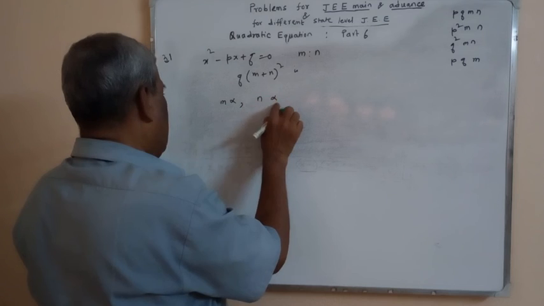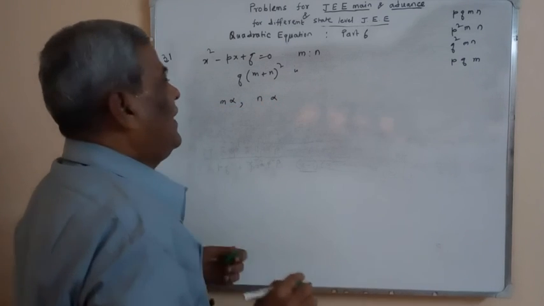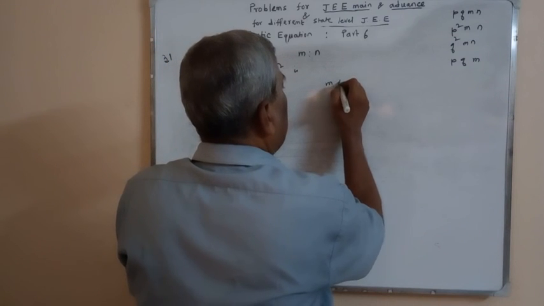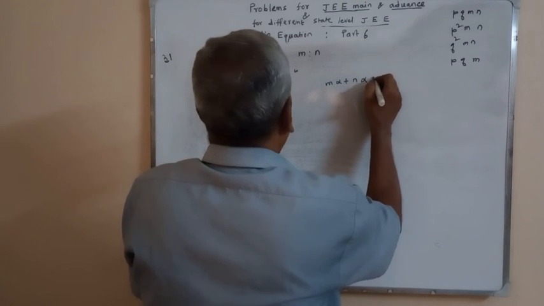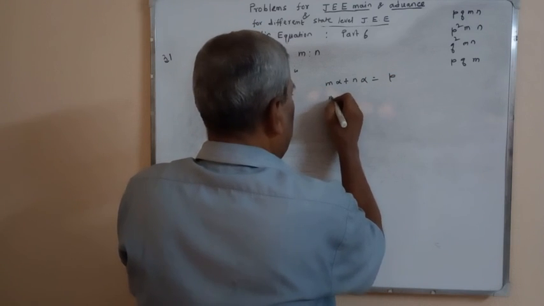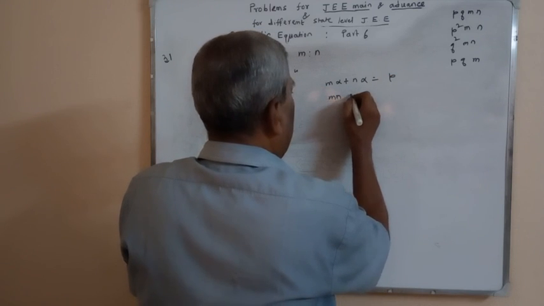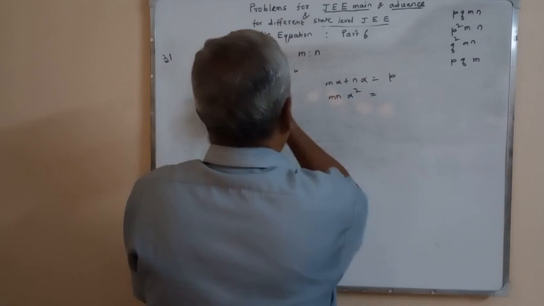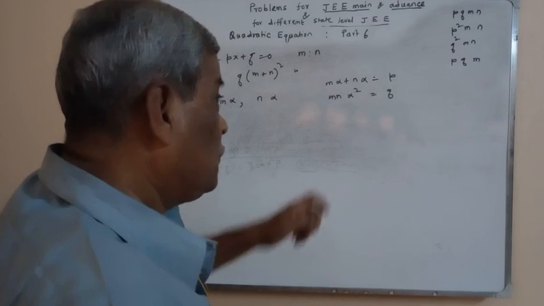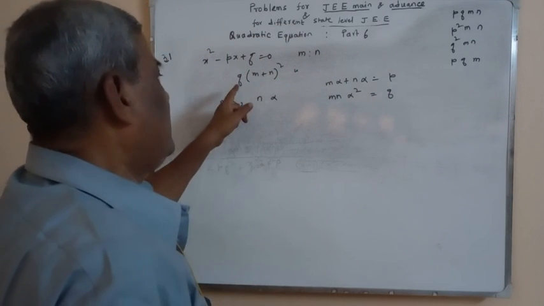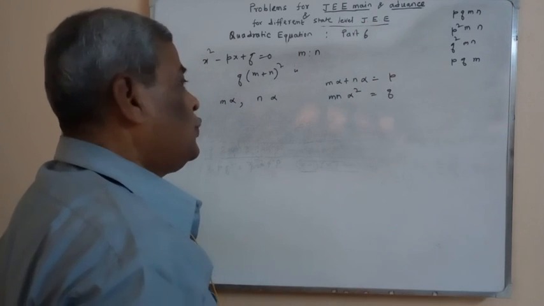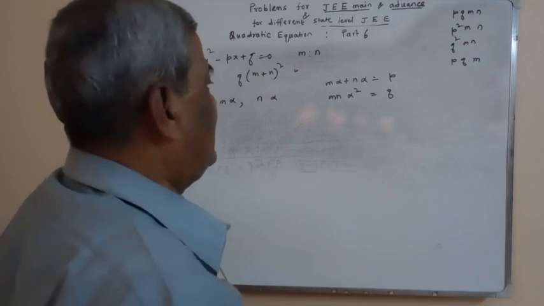So we must have the sum of the roots, m alpha plus n alpha, equal to p, and the product of the roots, mn alpha square, equal to q. Now we have to find a relation between q, m, n and p, so alpha is to be eliminated.